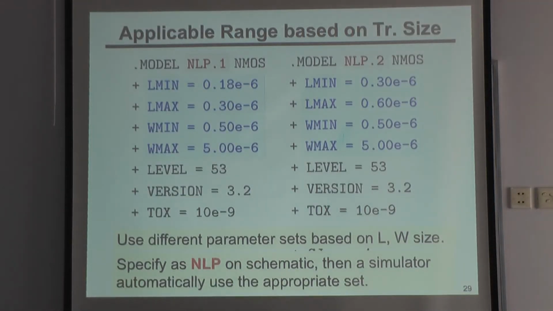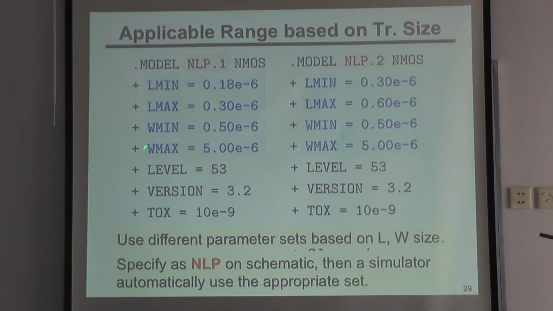Also, we can be a little confused because there are many kinds, for example NLP.1, NLP.2, .3, .4, and so on. After the dot, there should be LMIN, LMAX, WMIN and WMAX.